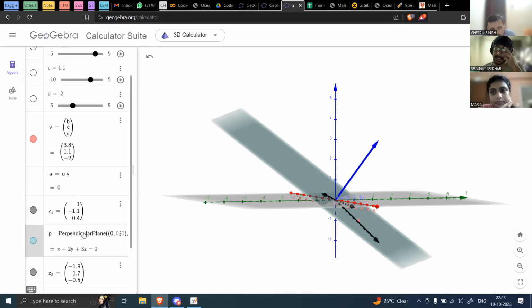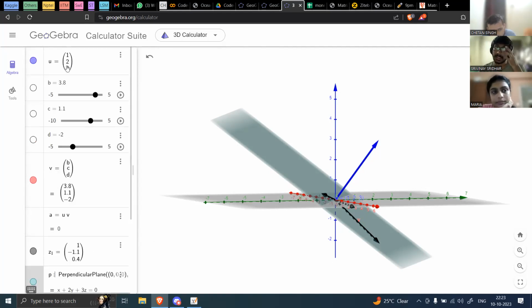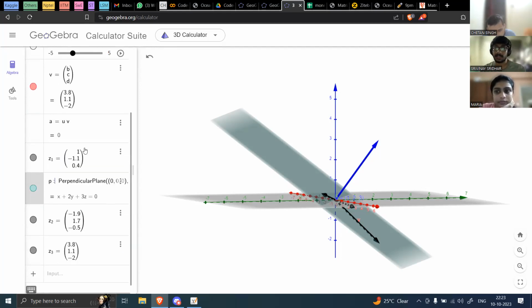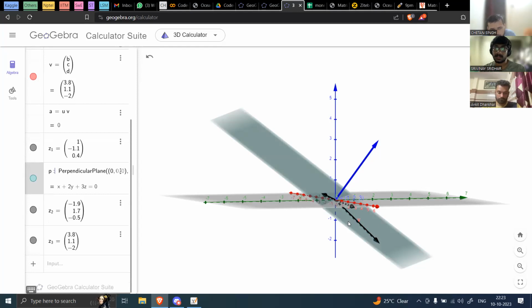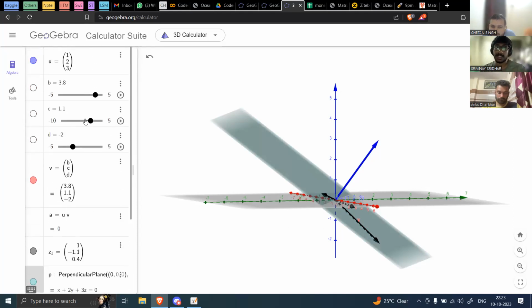The equation of the plane can be defined by that vector. So how we saw the pattern for the line, where y is equal to minus x, the pattern over here is that the plane that is perpendicular to the vector can be defined by that vector in a sense.